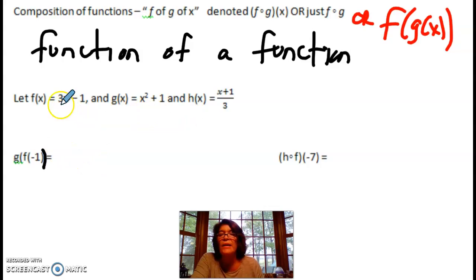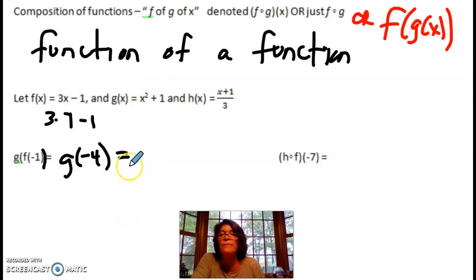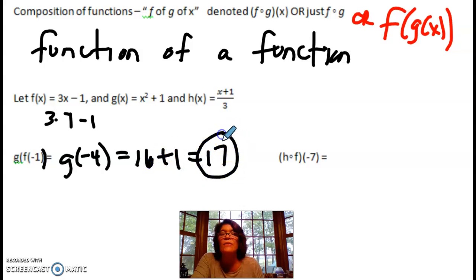Well, let's find F of -1. 3 times -1 minus 1. That's -3 minus 1. So I'm taking G of -4. I'm putting -4 in the G function where I'm supposed to square X and add 1. -4 squared is 16 plus 1. I get 17 for that answer.